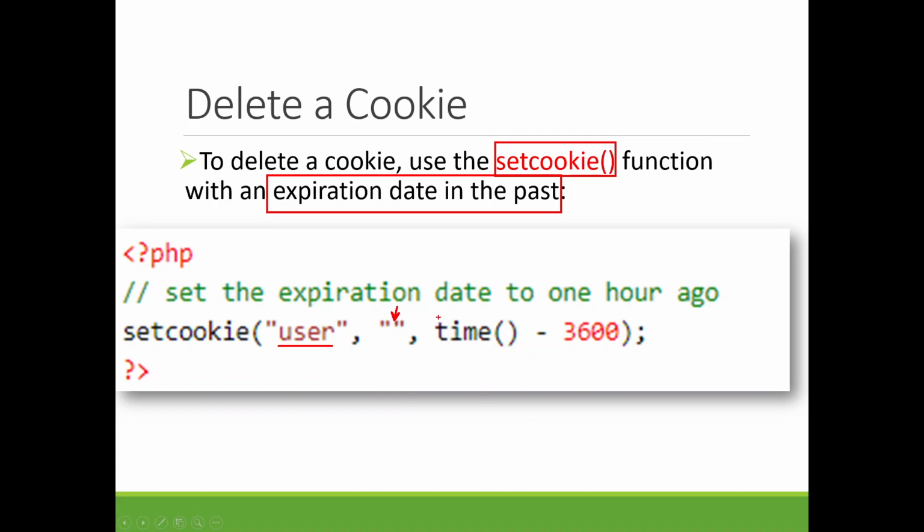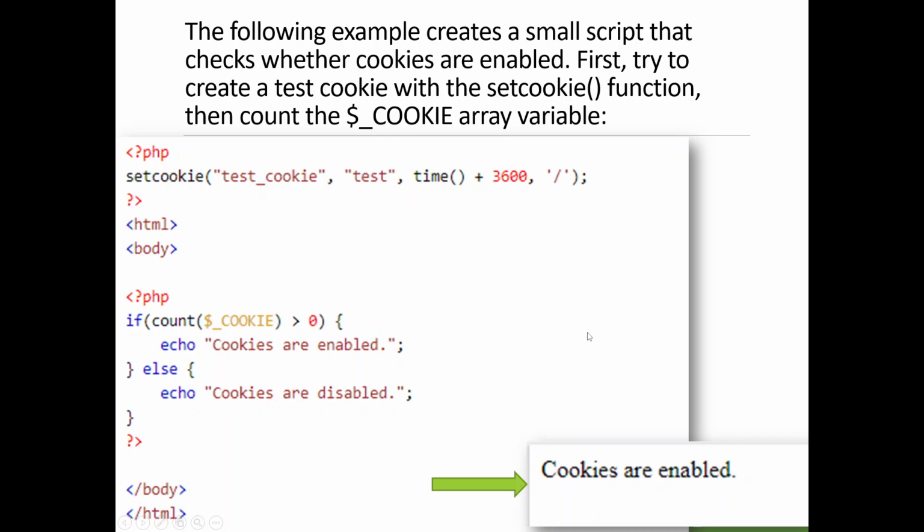Then for the time, we take the current time using the time function, then we subtract even 1 second. Here we are just subtracting 1 hour, but you can subtract even just a single second. Therefore, the computer will know that this cookie has expired, and it will delete it. So that's how we delete a cookie.